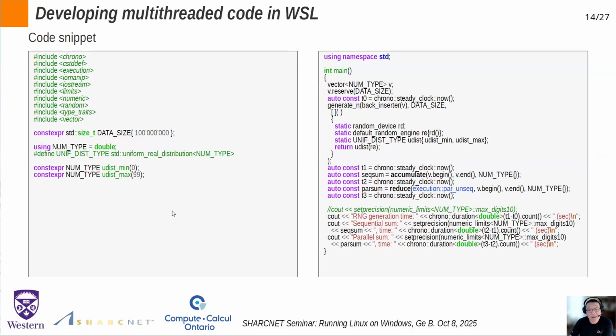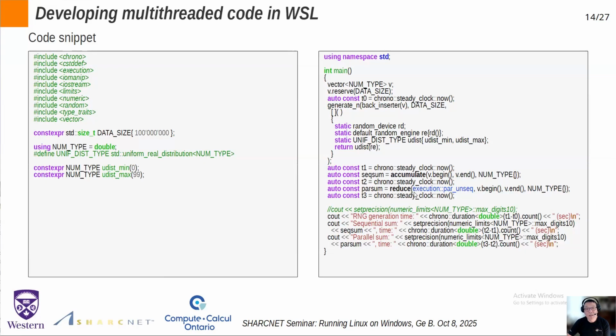And then we call the function accumulate to add the numbers in sequential order. And then we call a function again called reduce to add the numbers in parallel. And both accumulate and reduce are built-in functions. Accumulate is a serial function, and reduce is a parallel function.